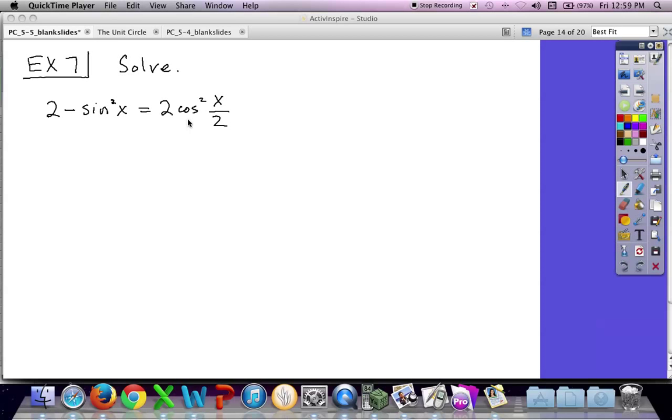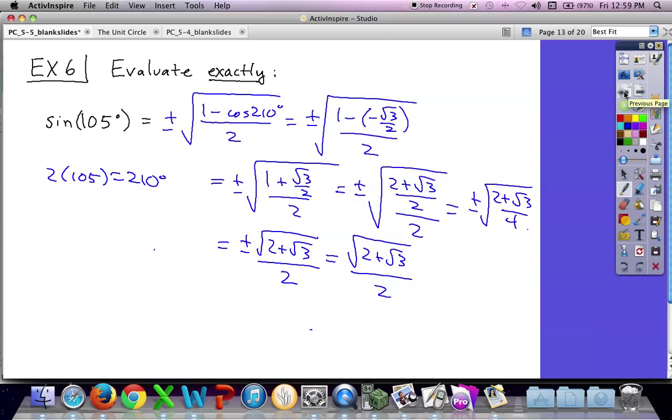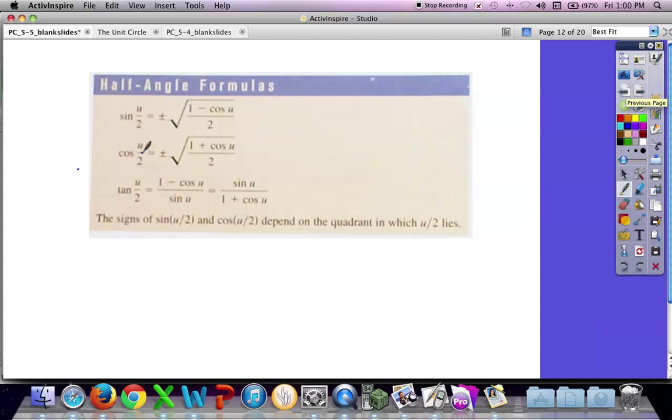So the half angle formula is for cosine, right there, plus or minus the square root of 1 plus cosine of 2u. We actually have squared. So what's going to happen when I square both sides? We're going to lose the square root, which is good because we don't want it.